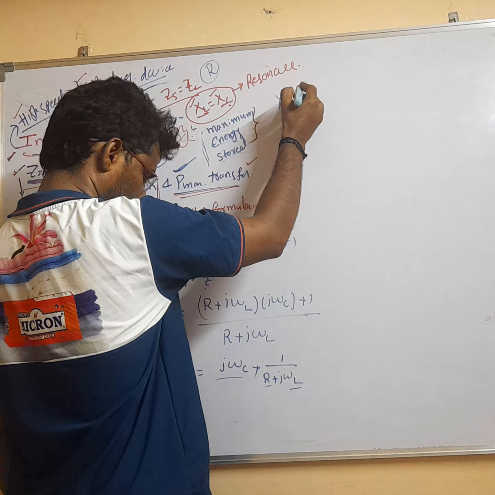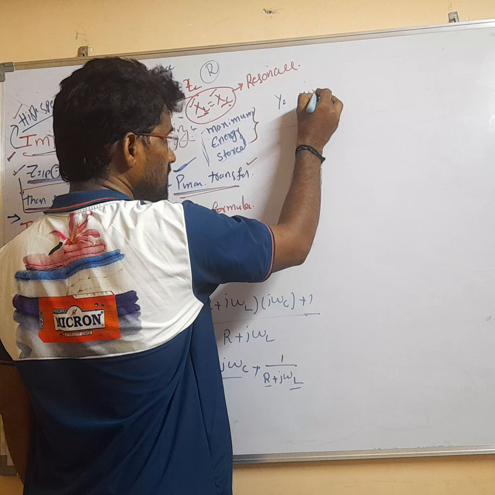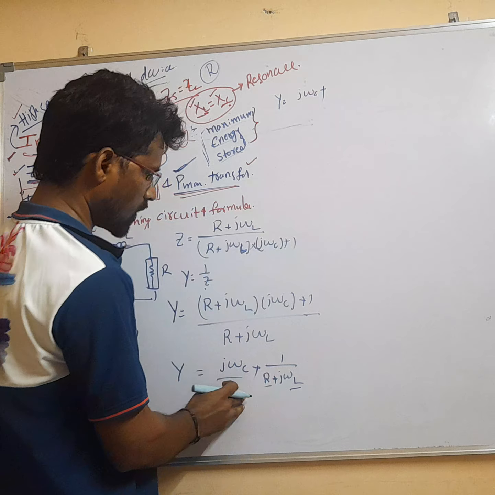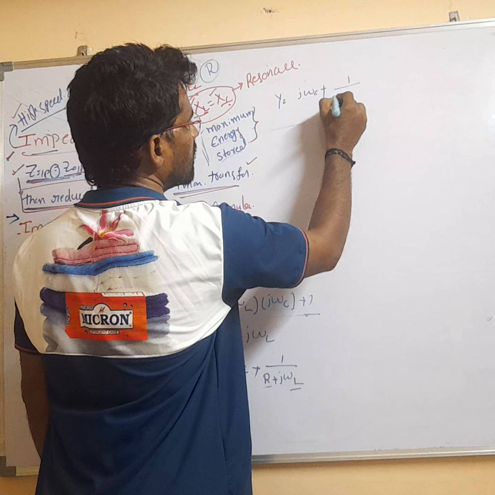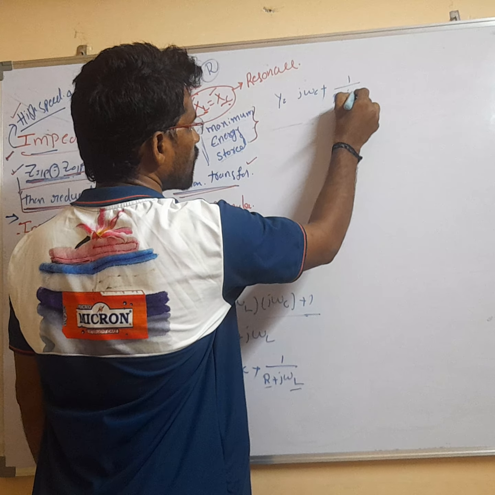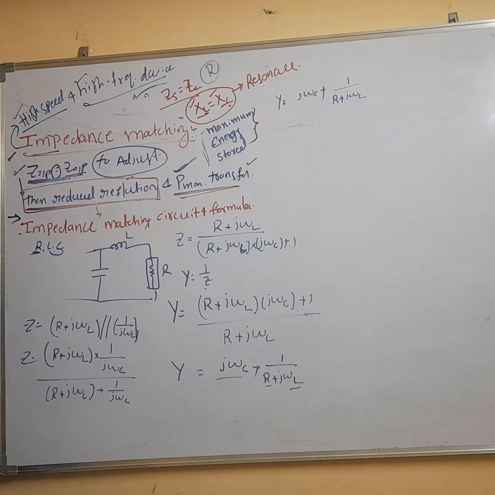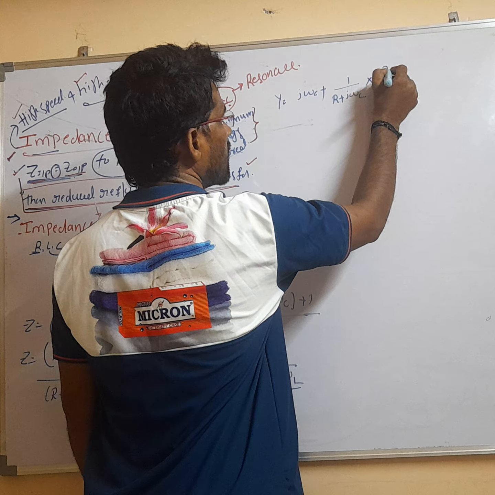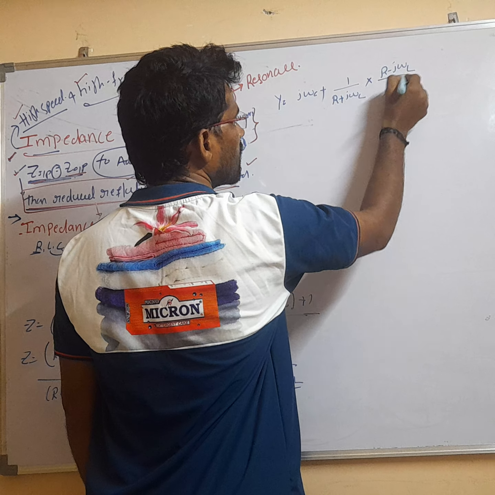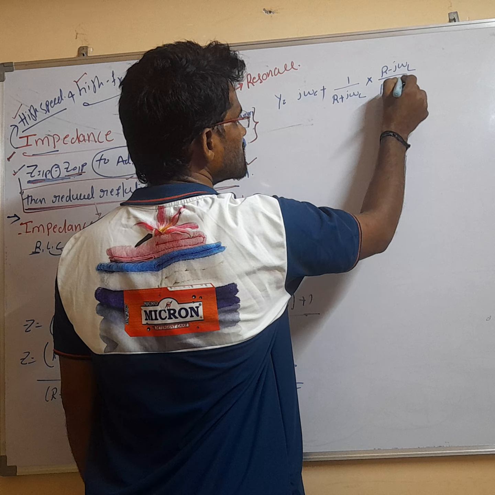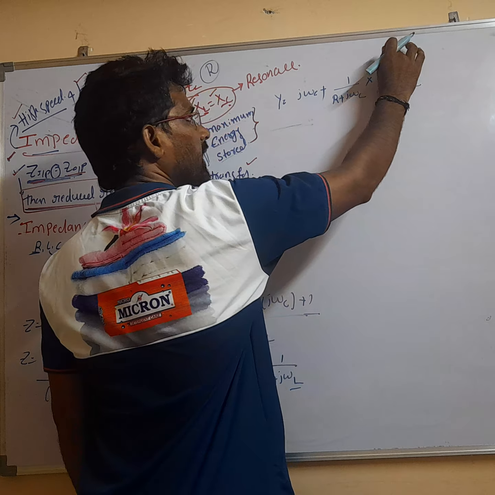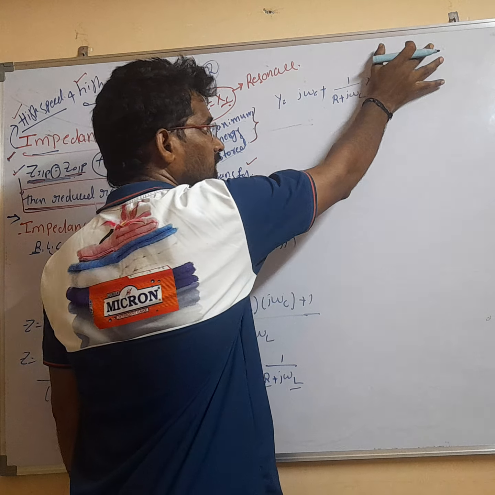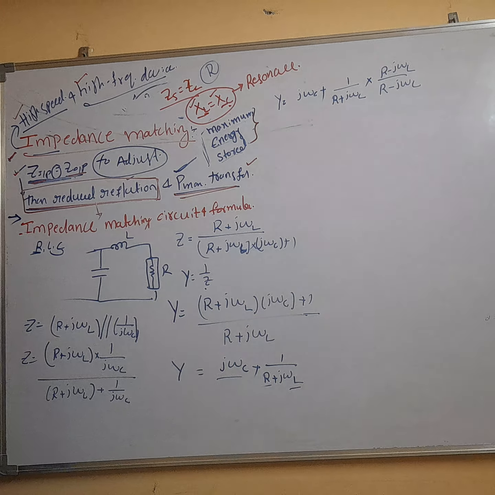So Y is equal to j omega C plus 1 by (R plus j omega L). Multiplying by the conjugate, we write R minus j omega L over R minus j omega L; both are cancelled, so the equation is not affected.